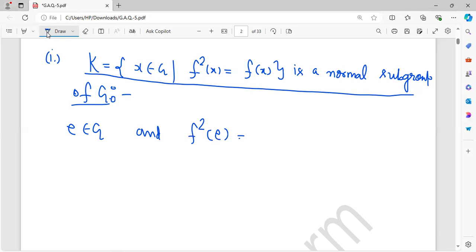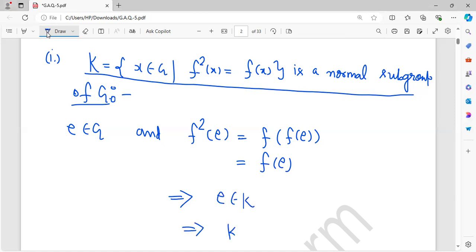It is f(f(e)). Sorry, f is a homomorphism from G to G, and homomorphisms take identity to identity. So it is e. So this implies that f²(e) is equal to f(e). So e belongs to K. So this implies K is non-empty.